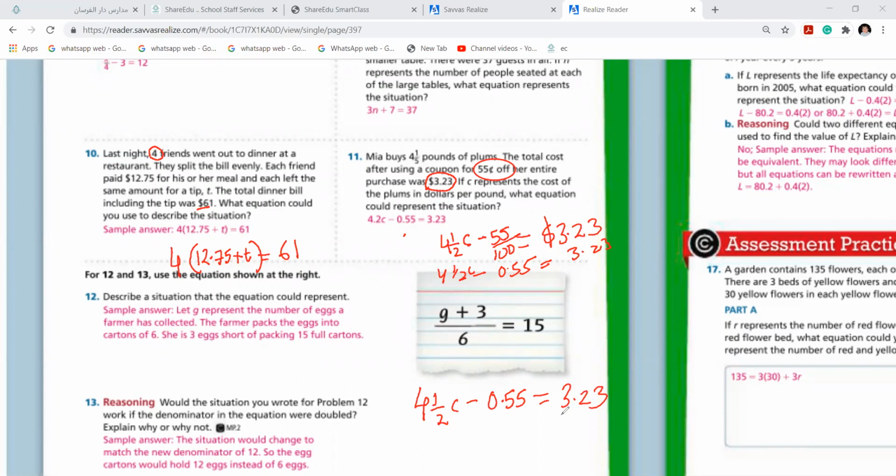Describe a situation that the equation could represent. They said G represents the number of eggs a farmer collected. The farmer packed the eggs into cartons of 6. So that's why they divided by 6. And 3 eggs short of packing 15 full cartons.